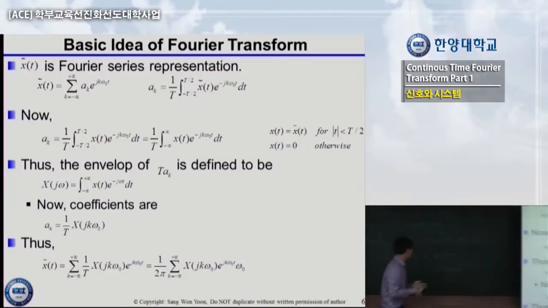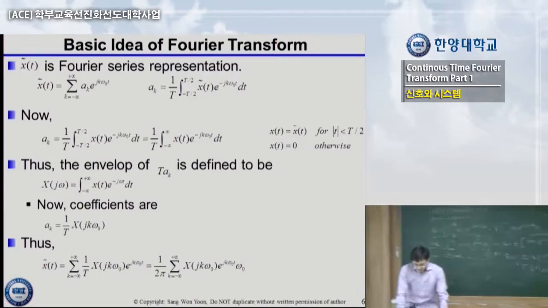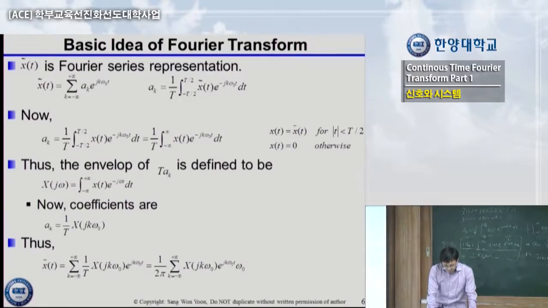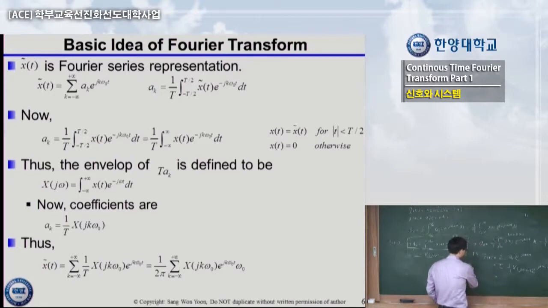let's rearrange this one a little bit. How can we define it? Let's define this T. T is what? Let me change the question. Omega 0 is what? 2 pi divided by T, right?